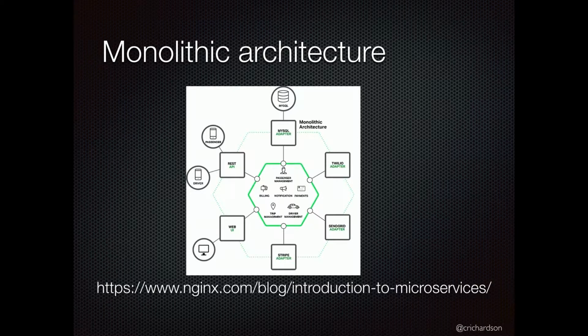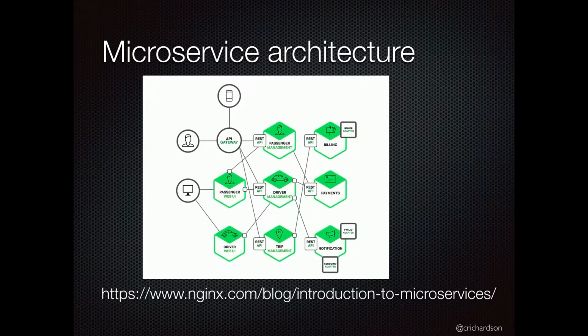And here's a monolithic architecture. There are different functions packaged together within the same monolith. And here is an example of a microservice architecture for the same system. There are services that manage passengers, services that manage drivers, a billing service that bills the passenger when a trip completes, and a payment service that pays the driver when a trip completes, and so on.